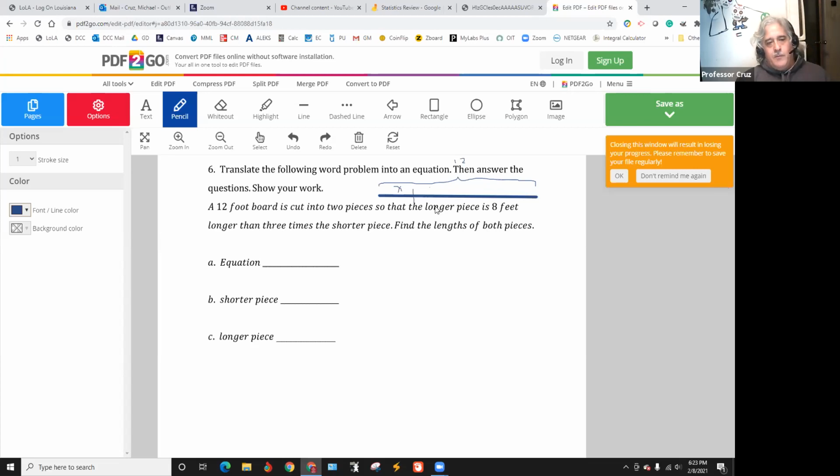Now, the longer piece is 8 feet longer than 3 times the shorter piece, so 8 plus 3 times the shorter piece.